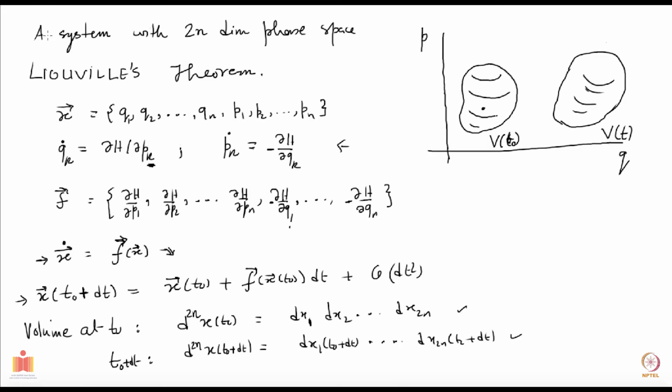You know how they are related, and the relation is this. You see, x is going to change like this. So you have a transformation of your x from this to this one, which is given by this relation.